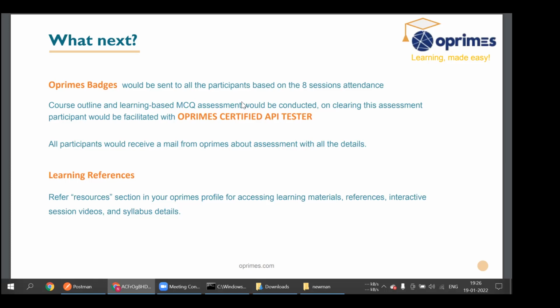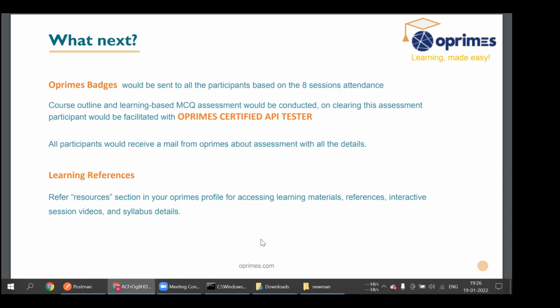So 28 out of 40 is the score you need to become an Oprimes certified API tester. The certification will be issued separately and will be available in your Oprimes profile, and you will be able to share it outside.